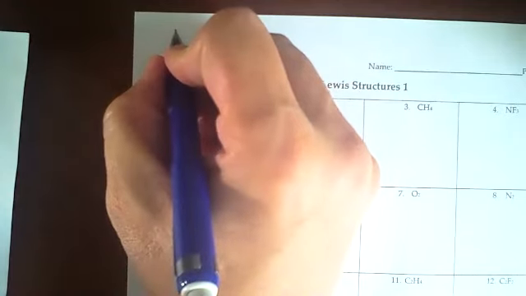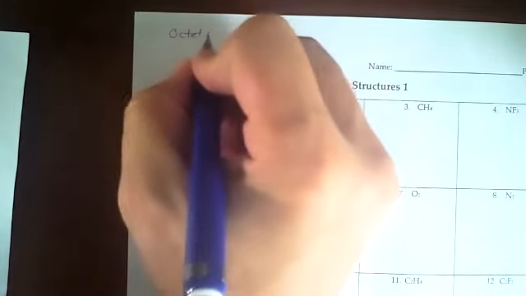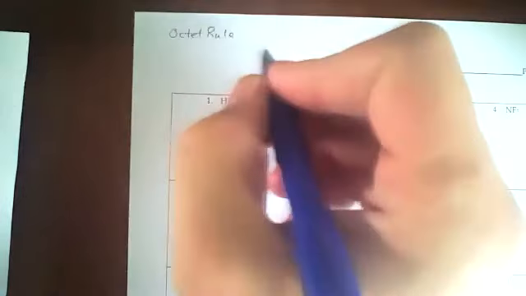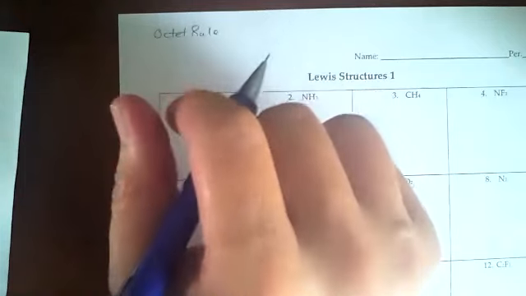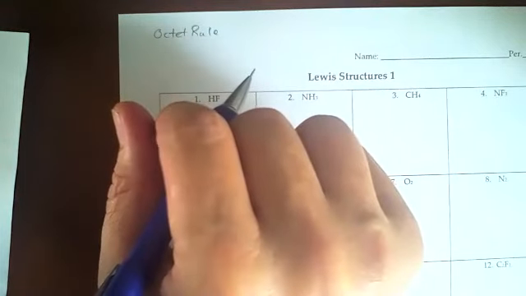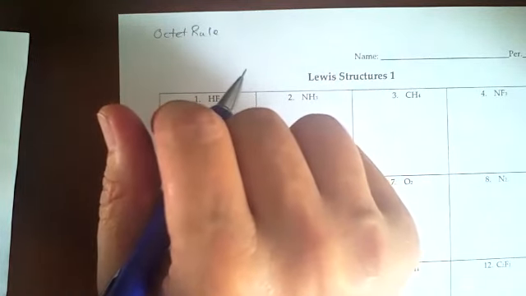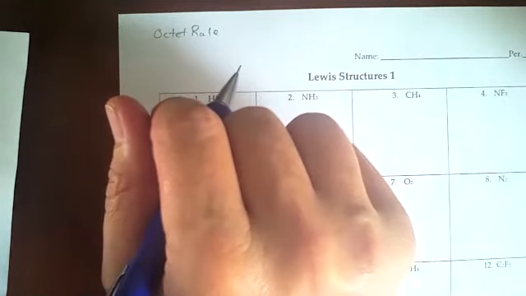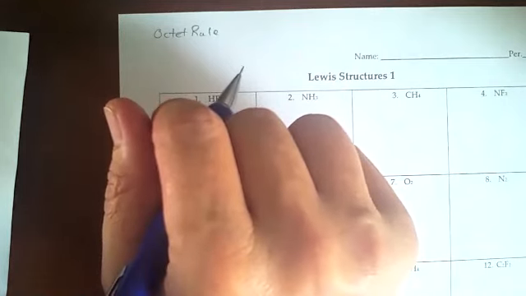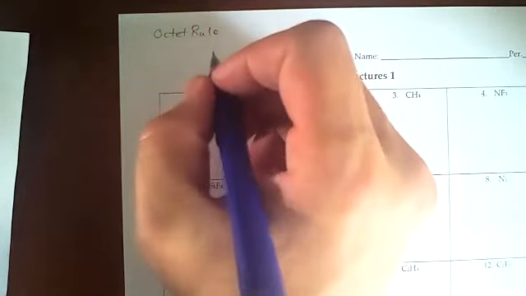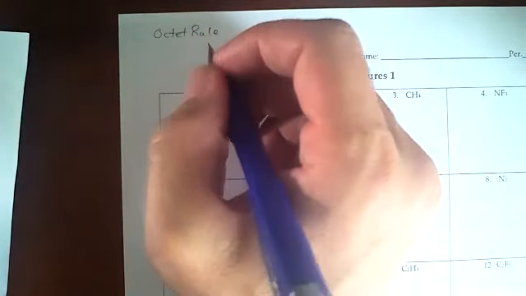What we're looking for generally is the octet rule, which I mentioned in the other paper. Oh, by the way, I made a video about the end of the simulations that I think should really help. I don't know how many people watched it, but I did make one and I posted it. So the octet rule is not exactly a rule, but that's what people say.